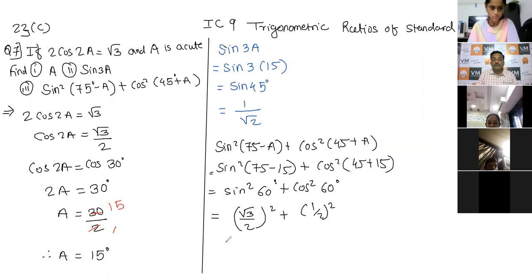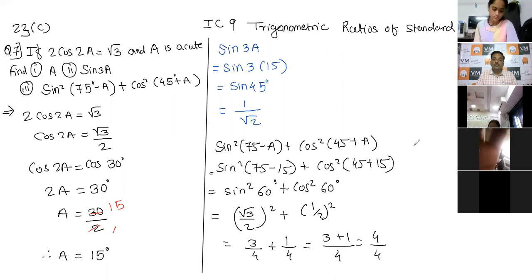The square of root 3 is 3 upon 4, plus 1 upon 4. Three plus 1 by 4 becomes 4 by 4, which is 1. So solved.